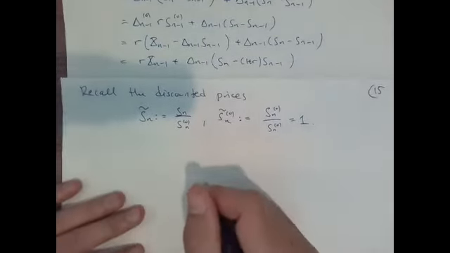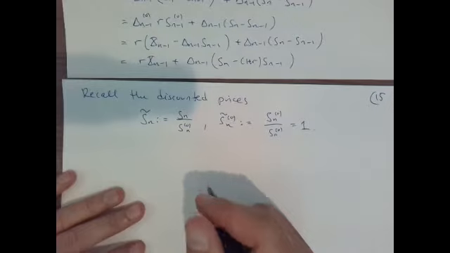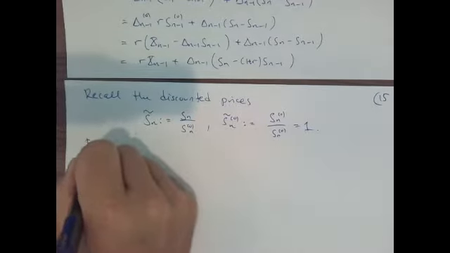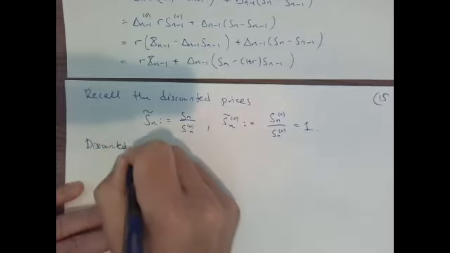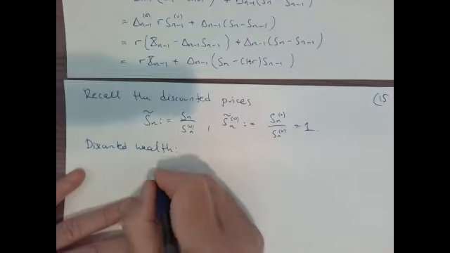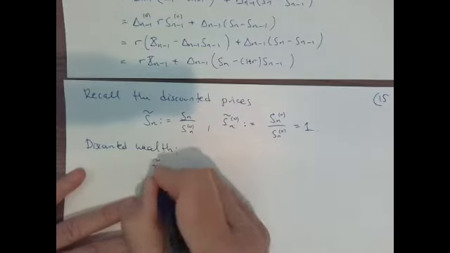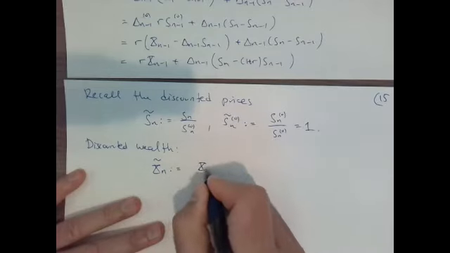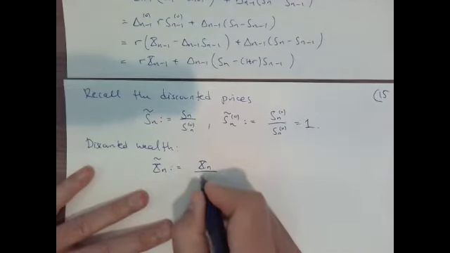And then I can look at the discounted wealth. So this will be my X n tilde. And they're going to be defined as Xn divided by the money market account.